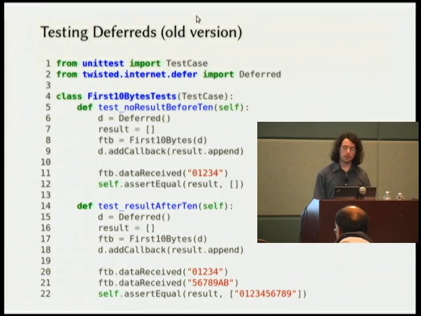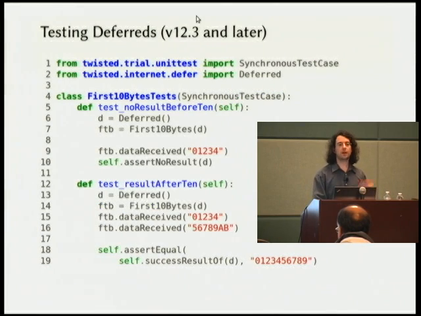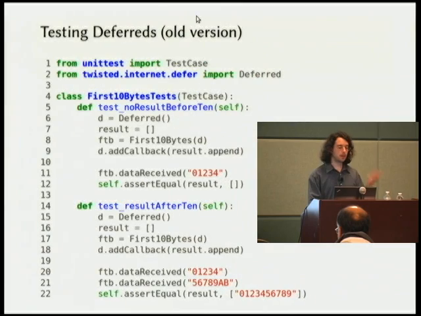It'll call result.append, and now result will have the first 10 bytes as the first item in the list. So this is a verbose way of doing what the previous slide does, which makes a lot more sense in terms of readability and semantic meaning. But older versions of Twisted don't support it, so the labs you'll be seeing do it the second way.